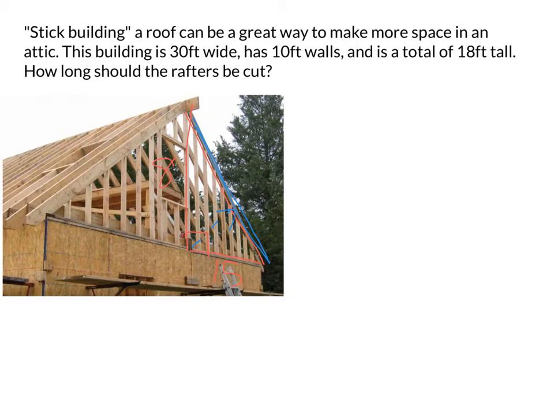Okay, so let's figure this out here. We've got an 8 and a 15. Well, we could use the Pythagorean Theorem. 8 squared plus 15 squared is going to equal c squared, because I'm looking for my hypotenuse. If I knew my rafter and I knew the height of my building, I could find the width using the Pythagorean Theorem; it'd just be a slightly different problem. Well, 8 squared plus 15 squared. Those are some big numbers.